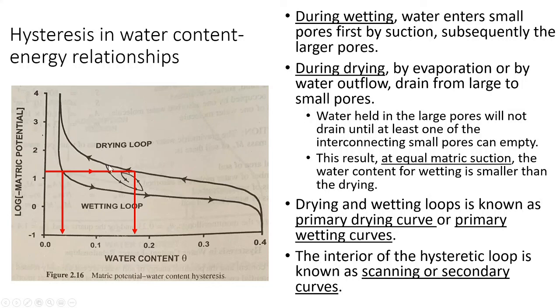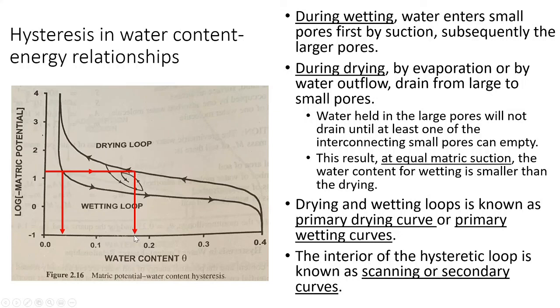So this is a drying curve. It starts from draining large pores to small pores. Water held in a large pore will not drain until at least one of the interconnecting small pores can be emptied. As a result, at equal matric suction, the water content for wetting is smaller than for drying.